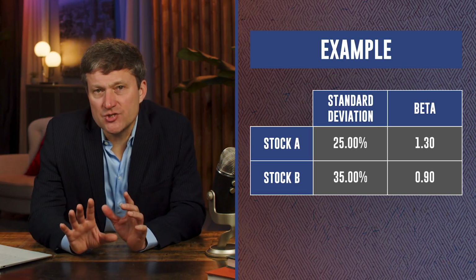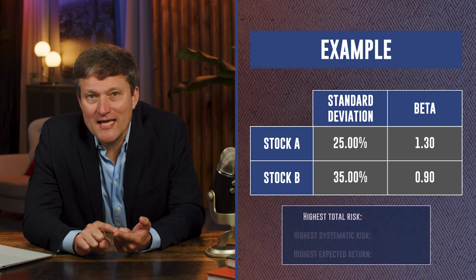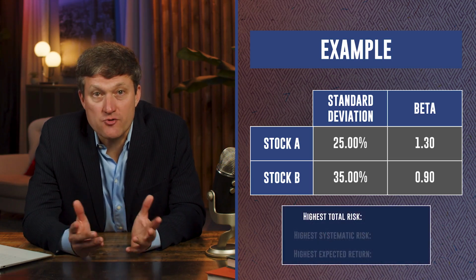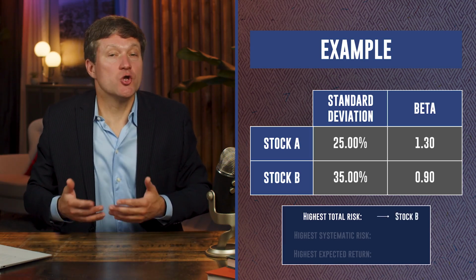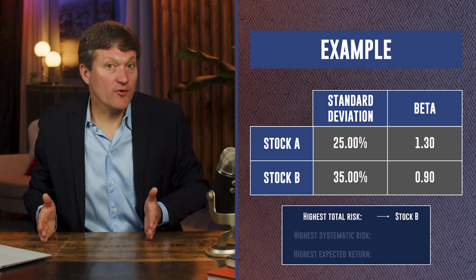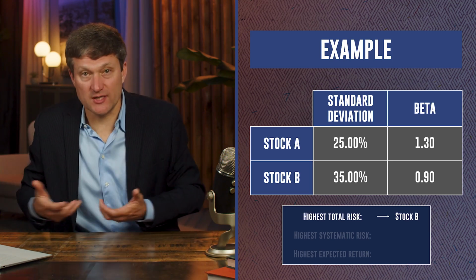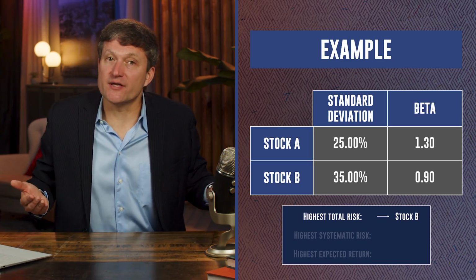So examining these two stocks, let me ask you, which of these two stocks has the most total risk? And your answer would be, clearly stock B has more total risk. Recall that we said standard deviation is a measure of the total risk using the returns. And so stock B has a higher standard deviation.